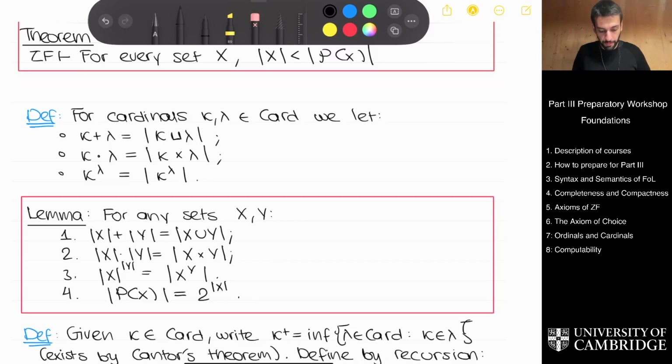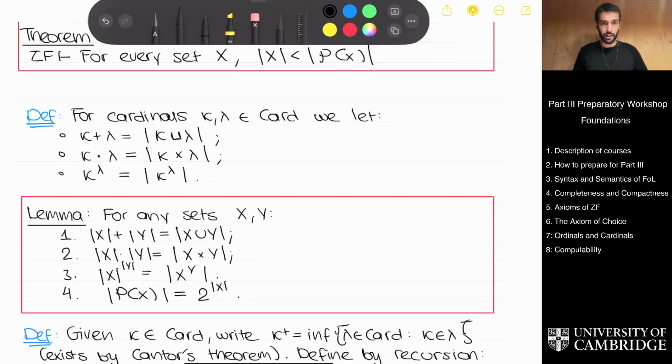So kappa times lambda is the cardinality of the Cartesian product of kappa and lambda. And finally, the cardinal kappa to the power of lambda is simply the cardinality of the set of functions from lambda to kappa.